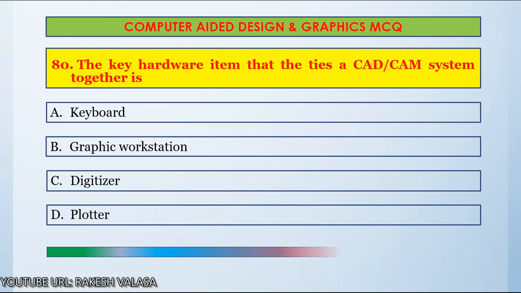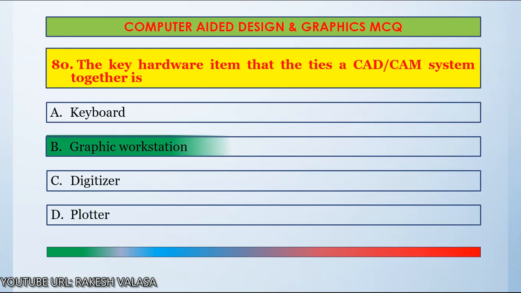If you know the answer, please post in comment section. Time up. The answer is graphic workstation. The key hardware item that ties a CAD/CAM system together is graphic workstation.